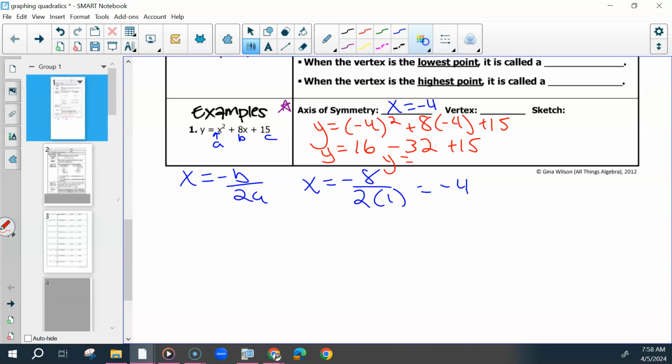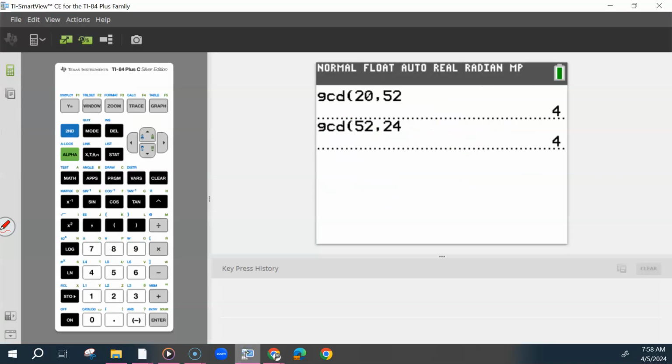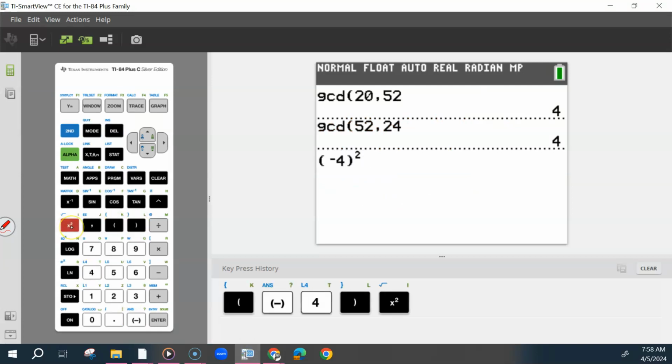What would y equal? Oh, wait. Should be negative 1. So when you put that into your calculator, make sure you're using parentheses. Make sure you're squaring.